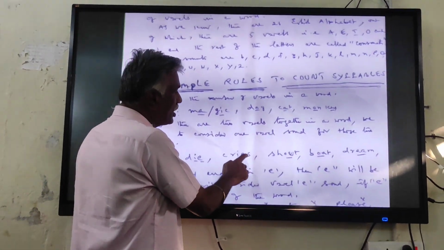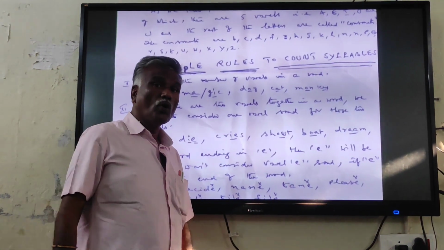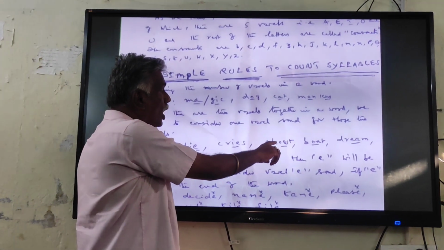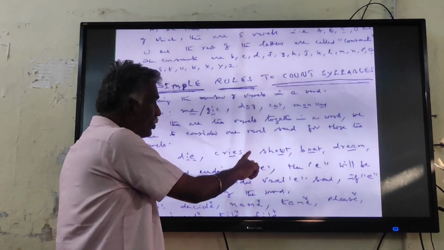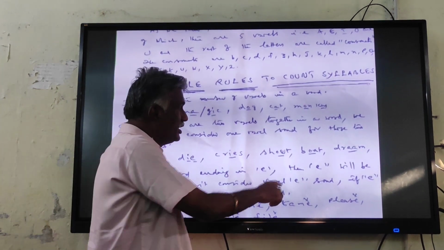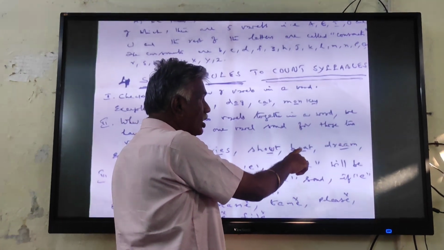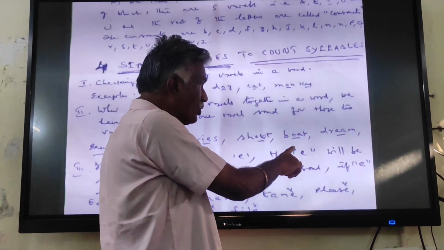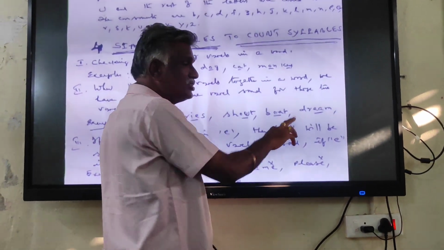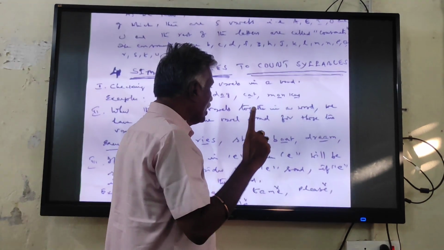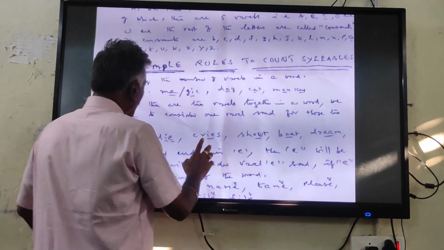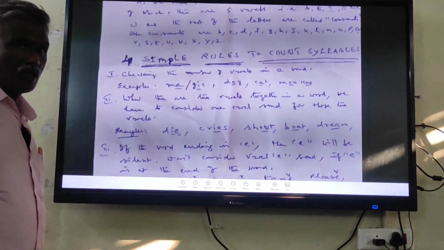And the next one is shout. O-U-T. O-U. Ow. This is also considered a single vowel sound. Shout. Boat. There are two vowels, but only one vowel sound. Dream. EA is there. Two vowels together, but only one vowel sound. So that is the second rule.